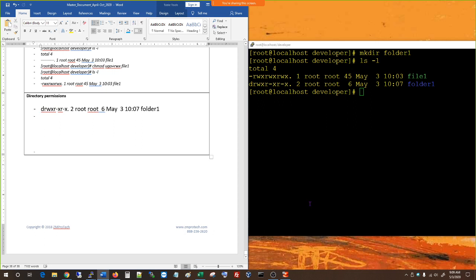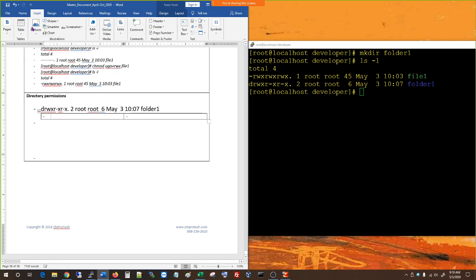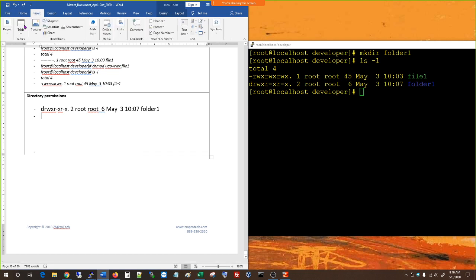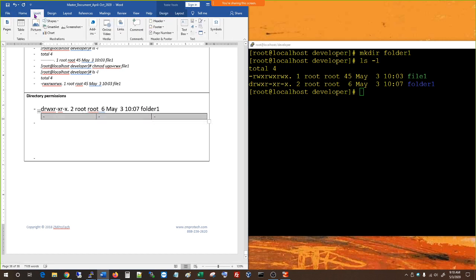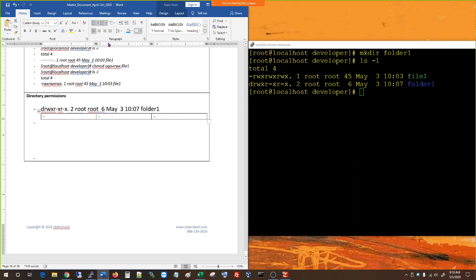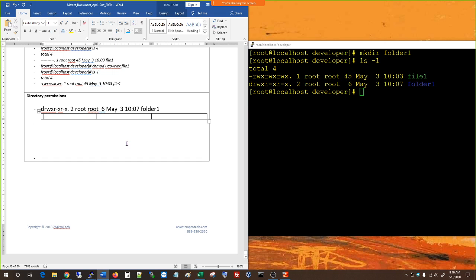So let's work out who has what permissions here, okay? So we have user, group, and others.